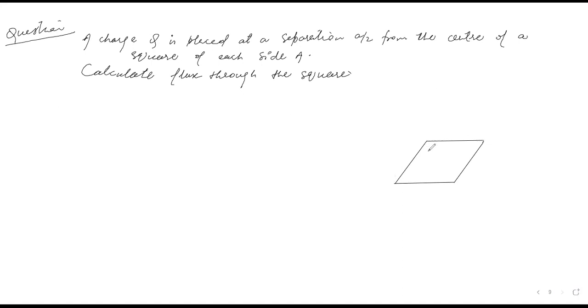This is your square of side A. There is a point charge Q. And now it is saying that calculate the flux through this square.